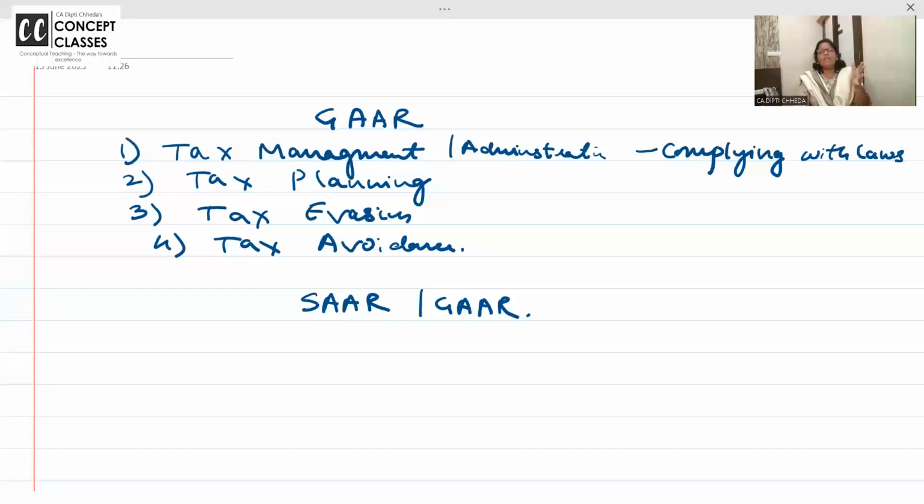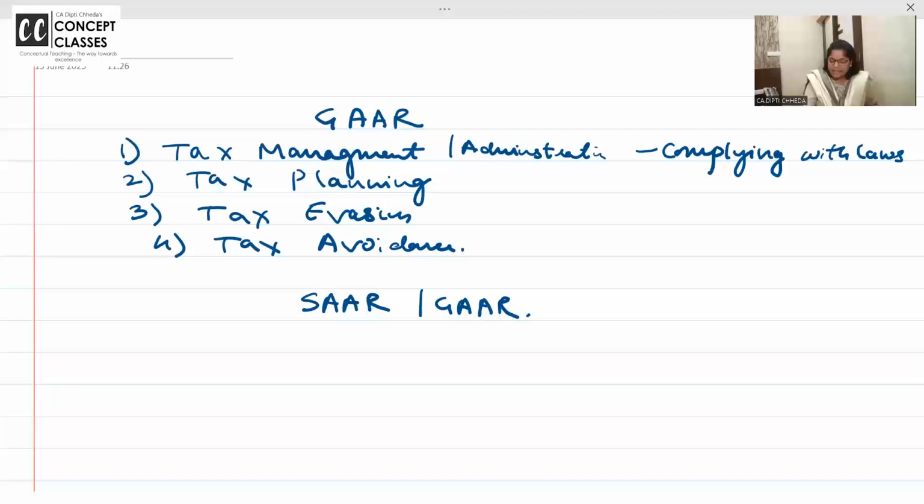Then every month, whatever TDS you deduct, by the 7th of the next month you need to pay. Like this, TDS return, TCS return; if you have deducted someone's tax, you'll have to give them the certificate in Form 16 or 16A. So tax management or compliance is that you need to comply with the rules, file your return, pay advance tax and so on.